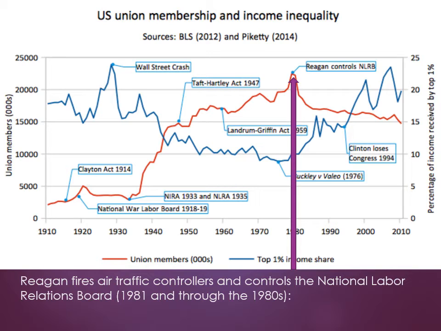Now look what happens. The share of union members begins to go down pretty dramatically after the inauguration of Ronald Reagan, and the percent of the national income that goes to the top 1% starts to go up.